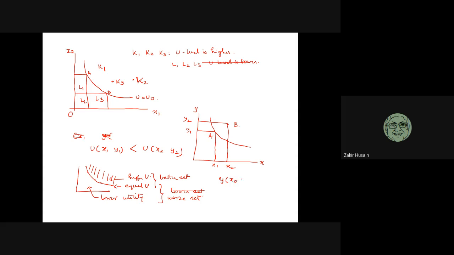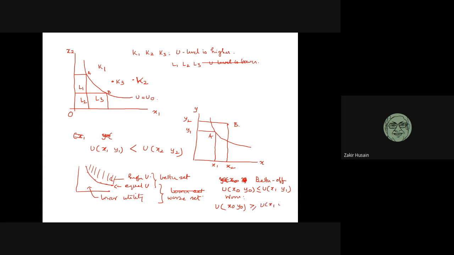Let us say x0, y0 is the original value, and the new value is x1, y1. All points x1, y1 which satisfy this condition will give me the better set, and the worse set is the opposite.